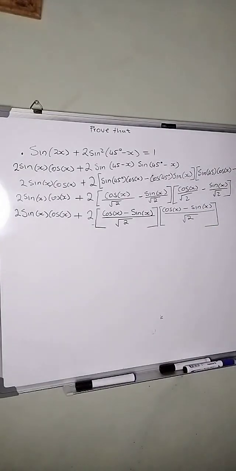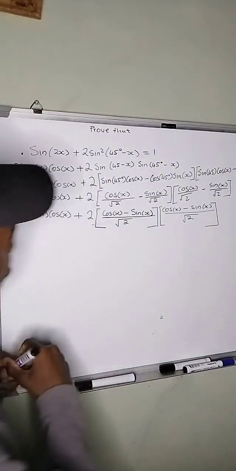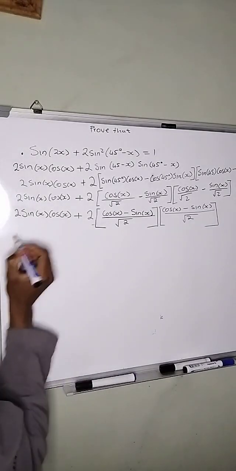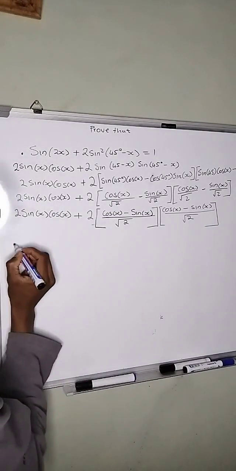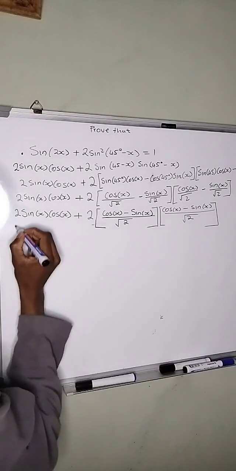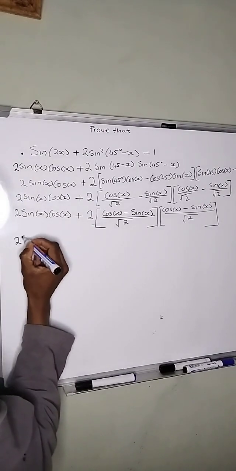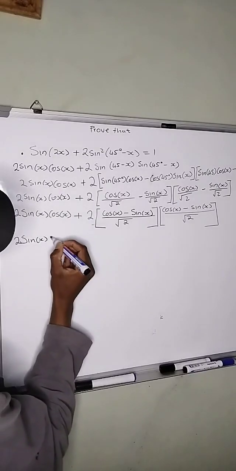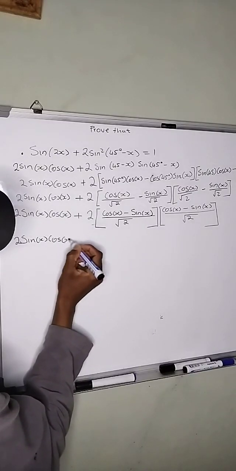So it's going to be root 2. So for this 2, I'm going to have what? Still maintaining, it is going to be 2 sine x cos x.